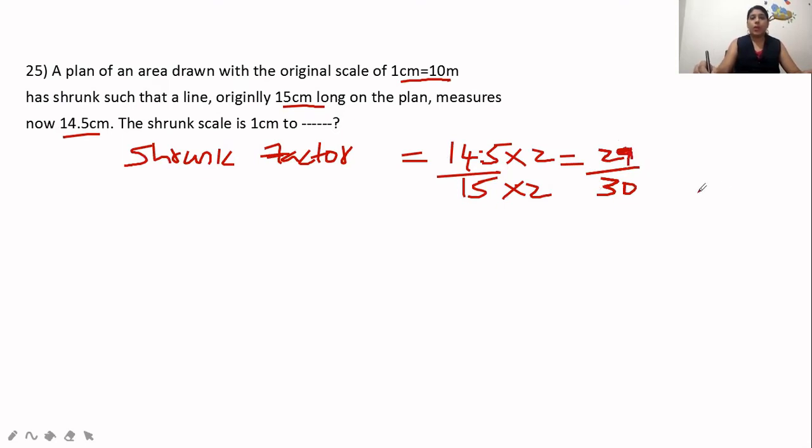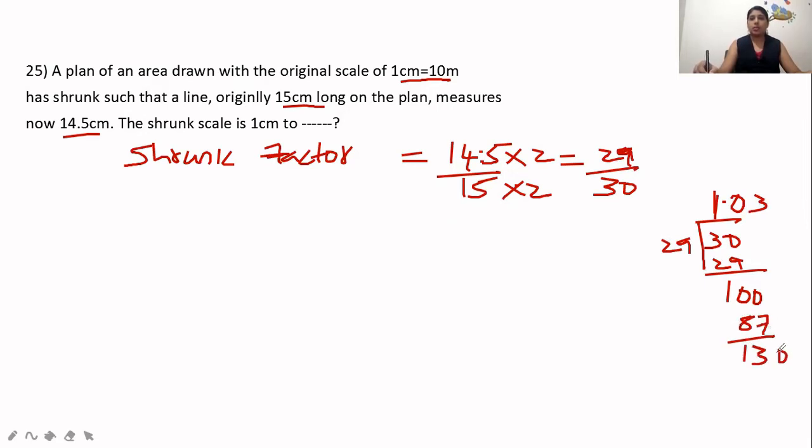If you divide 29 by 30, I want to express this as a scale actually. So if I am dividing 30 by 29, I will get 29 ones are 29, then the balance is 1, then point, then 0, it is not sufficient, so 0 again, 0, then 29 threes are 87, then again the balance 13, 0, 4.